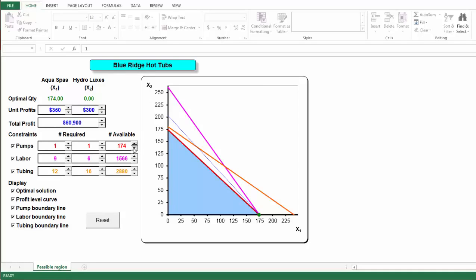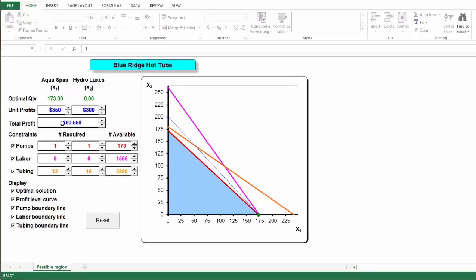But if we reduce the number of pumps by 1 to 173, the new optimal profit goes down to $60,550, a decrease of $350. That is, the other shadow price of pump at 174 is $350.